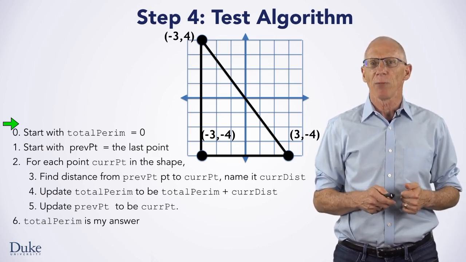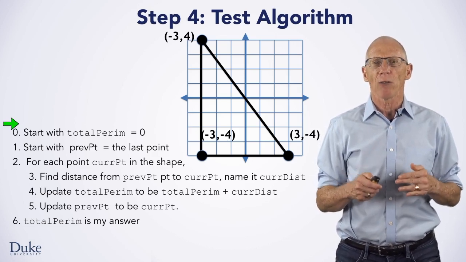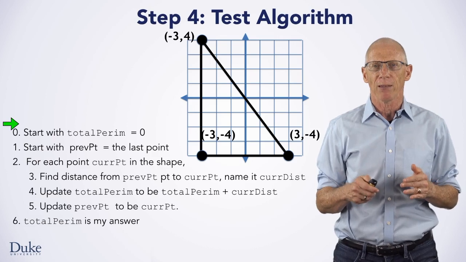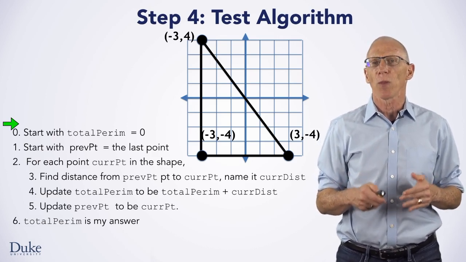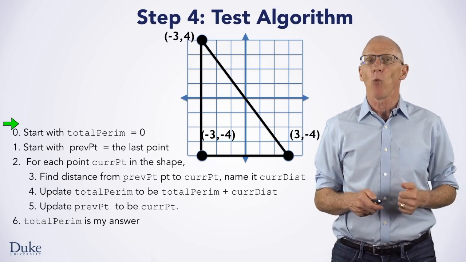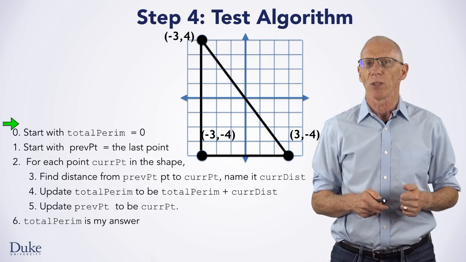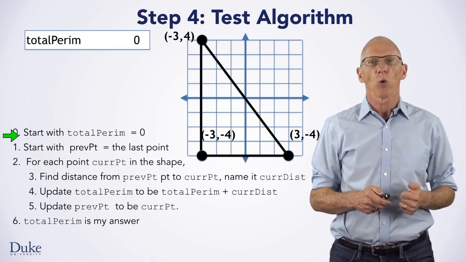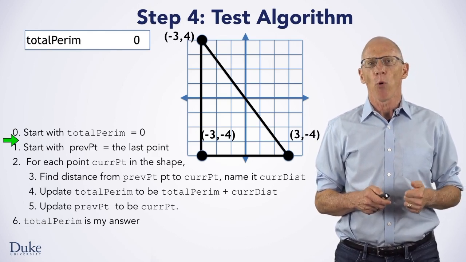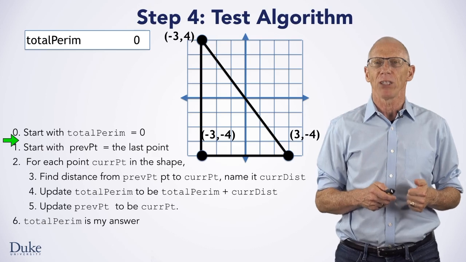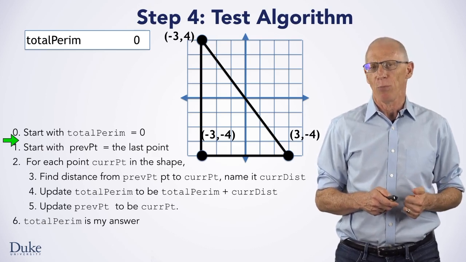When you turn this algorithm into code, you want to write down code that has the same semantics as the English, the same meaning. The code should transform the program state in the same way that the English transforms this diagram. So we'll start with total perim and set it to 0, and prev point being the last point in the shape. But what is the last point?